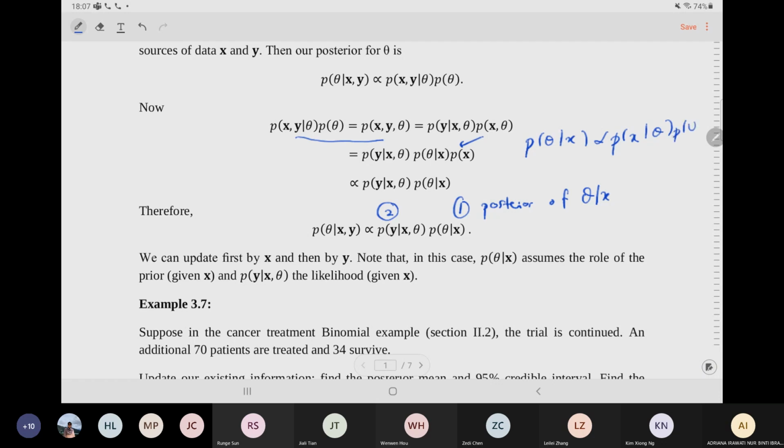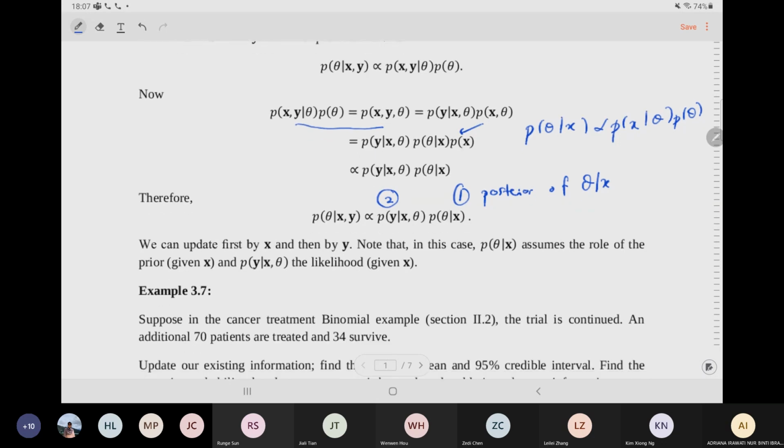Comparing this to our new posterior, you have Y given X and theta, and then theta given X. The theta given X assumes the role of the prior, and the Y given X and theta assumes the role of the likelihood given X.